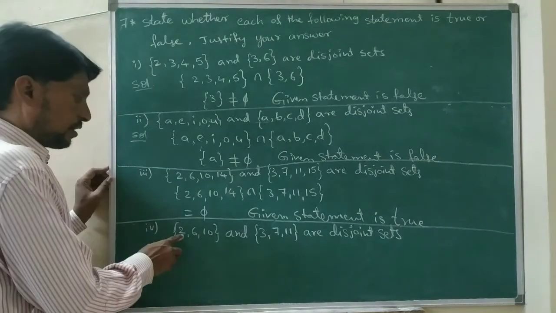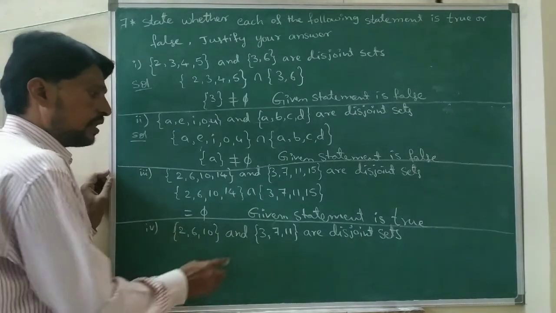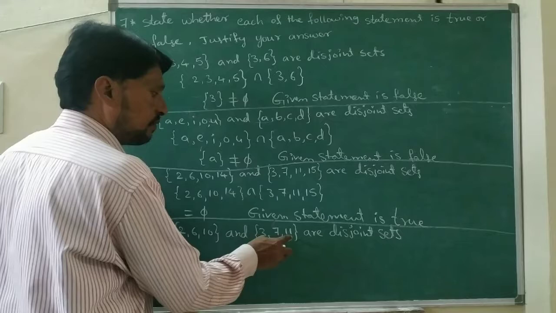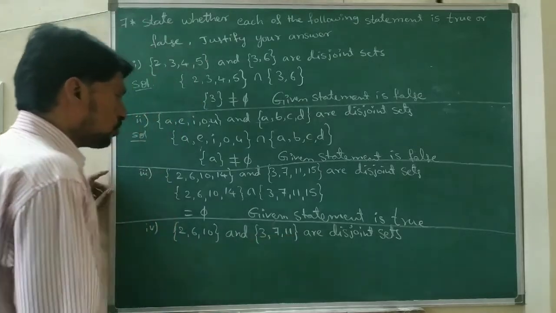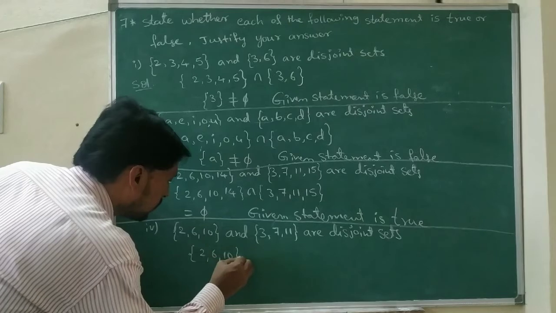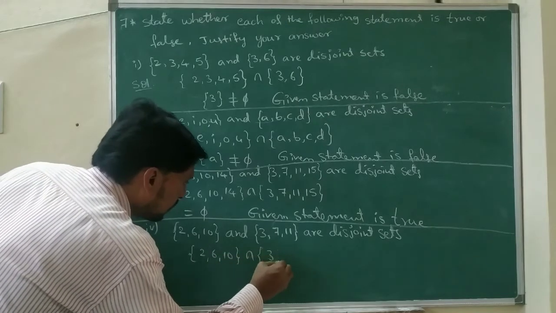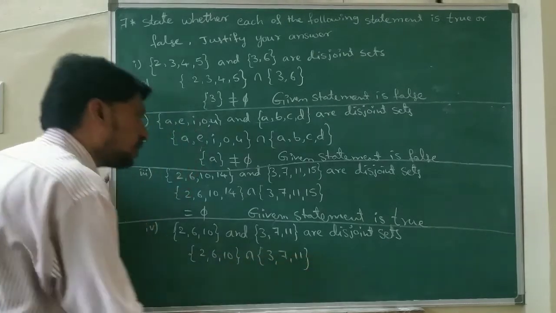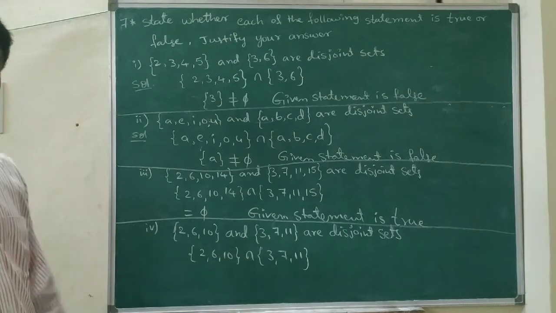Last one: the set of 2, 6, 10 and the set of 3, 7, 11 are disjoint sets. So here the first set is 2, 6, 10 intersection 3, 7, 11. What are the common elements in both? Nothing common.